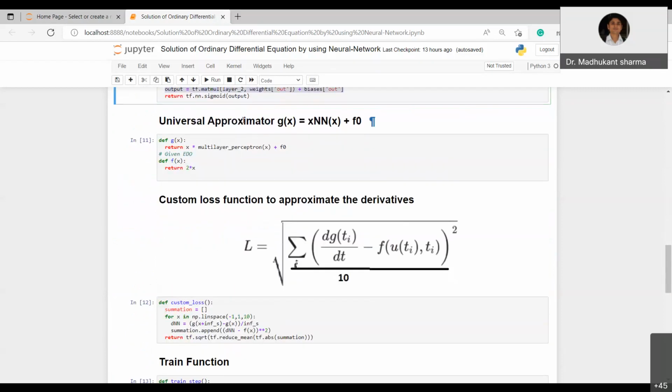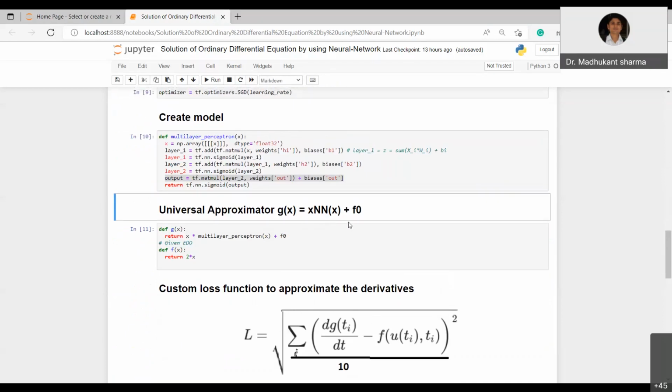Now by using the universal approximator, we define g of x, which will approximate our solution. g of x is defined as x into the multi-layer perceptron of x plus f naught, the initial condition.